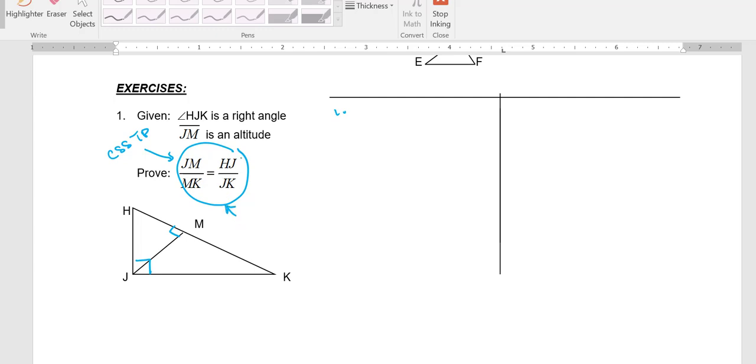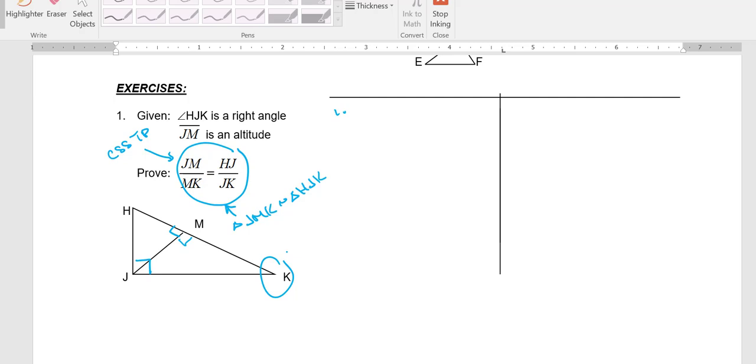And it looks to me like it's going to be triangle JMK and triangle HJK, so the big triangle and this bottom triangle down here, with angle K being reflexive.